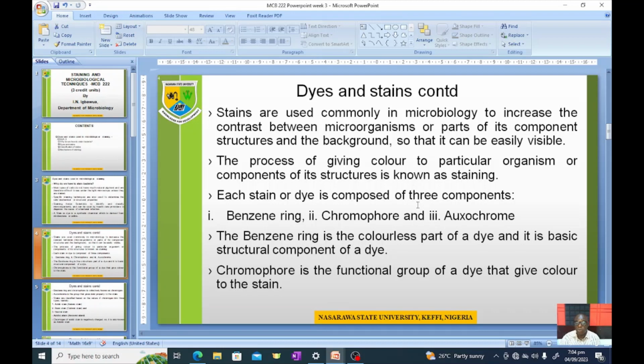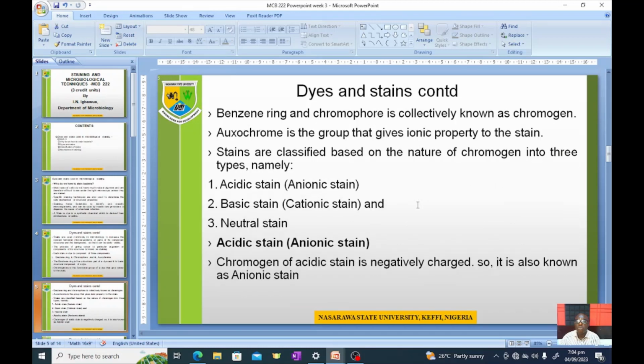The chromophore is the functional group of the dye that gives color to the stain. Whichever color that is there, the chromophore, as the name suggests, is what gives the color, whether purple or blue or green or red. It is that chromophore component of the stain that distinguishes it.